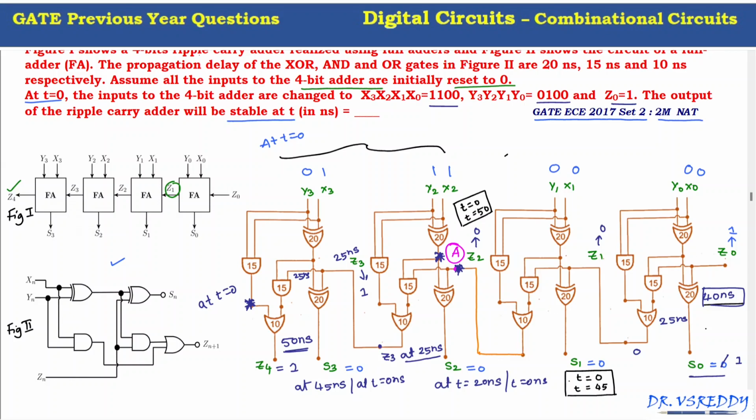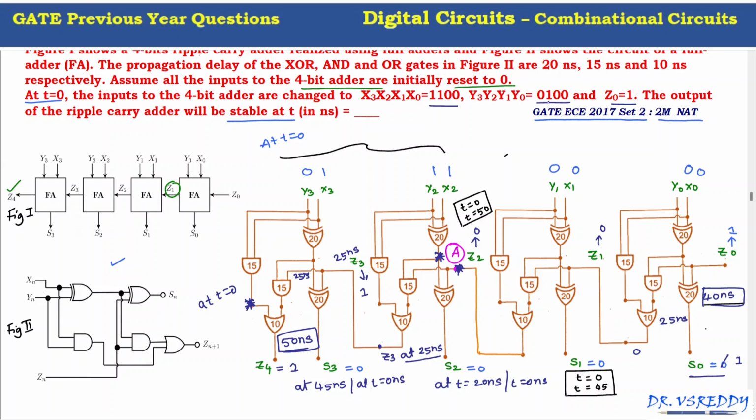Now S0 is equal to 1 only after 40 nanosecond. Now this Z4 equal to 1 only after 50 nanosecond. The output is stable only after 50 nanosecond for the given input combination.